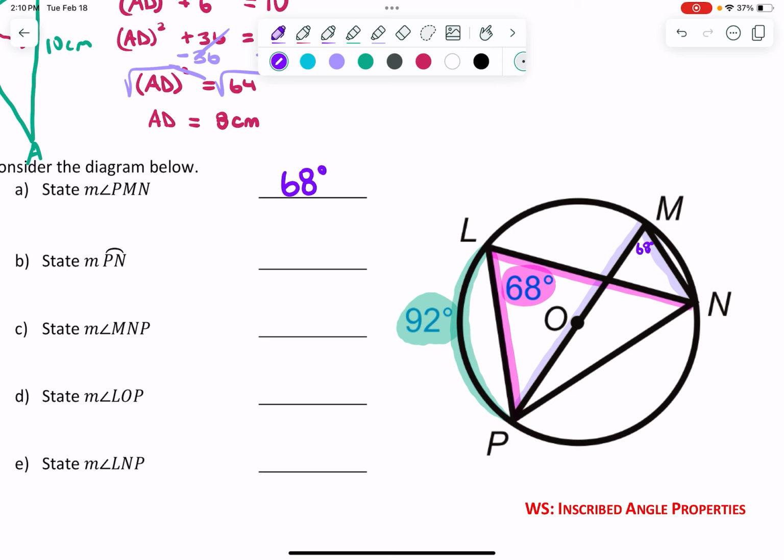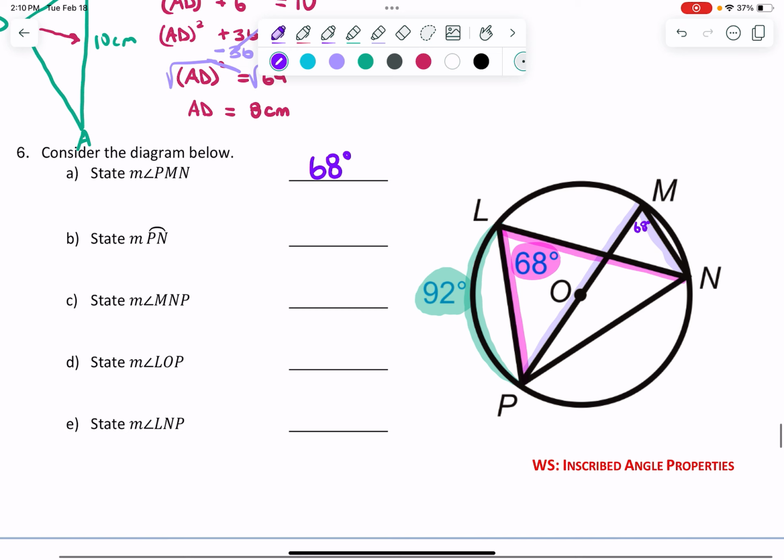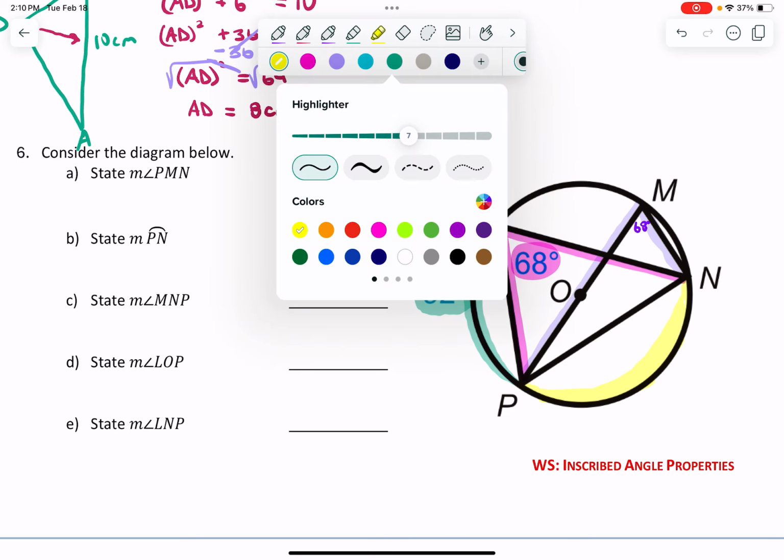Okay, next, I want to figure out the measure of arc PN. Something that's really important here: there's actually only 2 times where we talked about figuring out the measure of an arc.